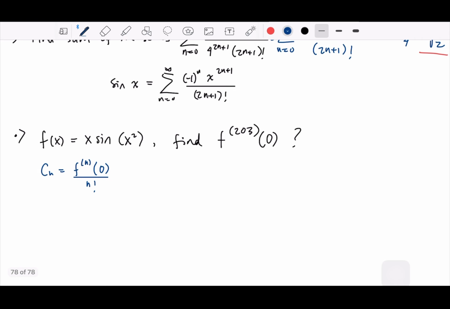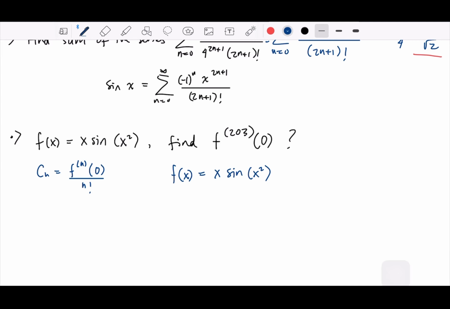Okay, so probably we can start with the function itself. Let me write here the function. Since I've written the sine x, we can apply this sine x for modification of the function. We take reference from the essential function sine. So we are going to write down that x will multiply with this sum, and let me write x as x squared.